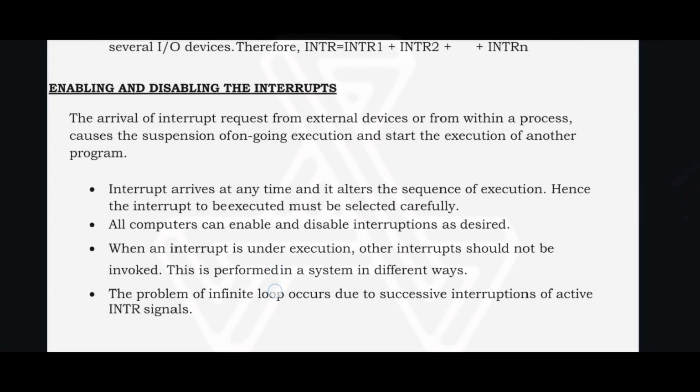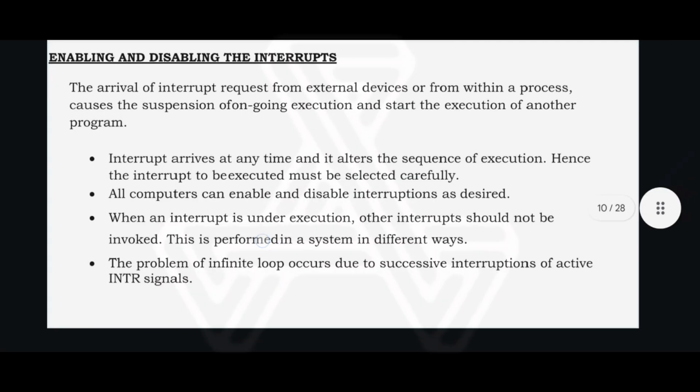Enabling and disabling the interrupts. The arrival of interrupt requests from external devices or from within a process causes the suspension of ongoing execution and starts the execution of another program. An interrupt arises at any time and alters the sequence of execution. Hence, the interrupt to be executed must be selected carefully.